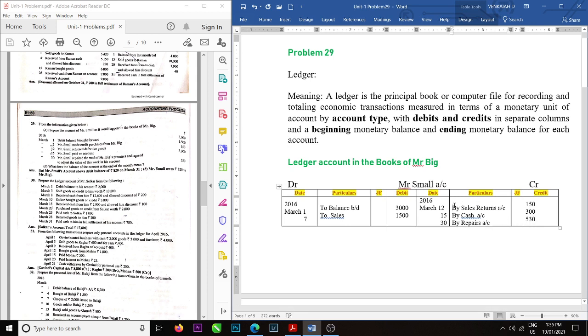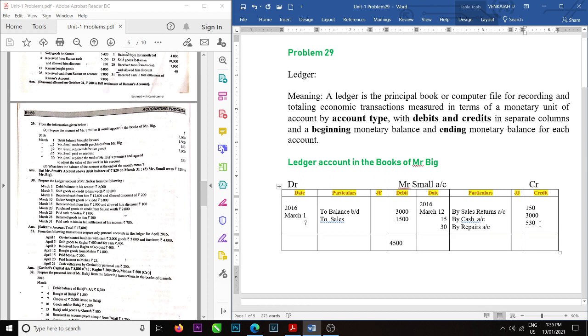Okay. Now, how to make a clear balance. Total is 4,500. 4,500 minus 3,000 is 1,500, 1,500 minus 680 is 820.